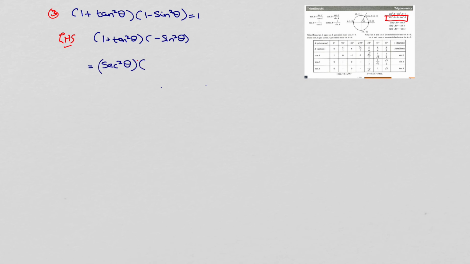And I know from the last example that 1 minus sine squared theta was cos squared theta, because cos squared theta plus sine squared theta equals 1 there on the top of page 13. So we say sec squared A equals 1 plus tan squared A, and cos squared A plus sine squared A equals 1. So if cos squared plus sine squared equals 1, that means that cos squared is equal to 1 minus sine squared.